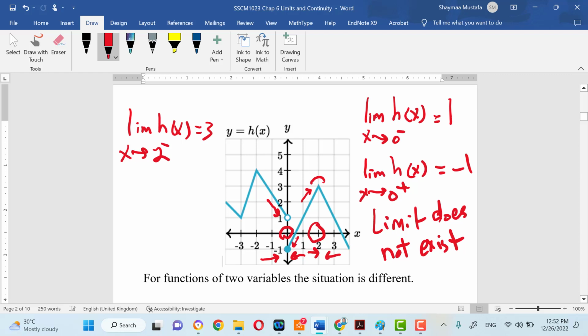If you come to 2 from the right, then the function also goes to 3. So here the limit from the left is equal to the limit from the right, which is equal to 3. So when x goes to 2, h of x goes to 3. So the limit exists.